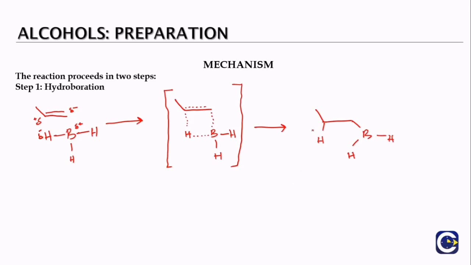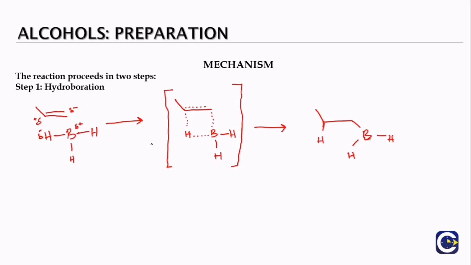So one hydrogen has been substituted to this position. Or we can say that one of the hydrogens of this boron has been substituted by the alkyl group. Here we should understand 2 points.